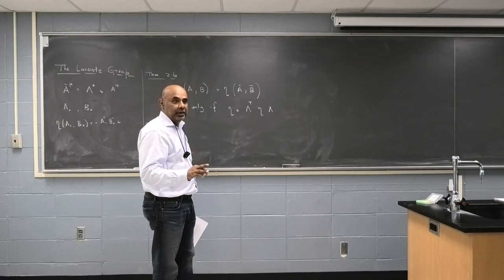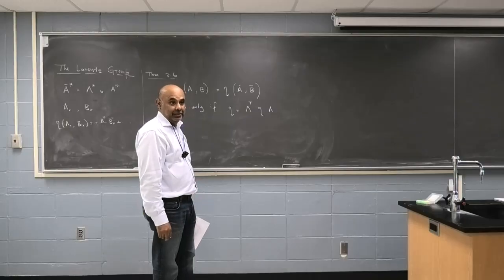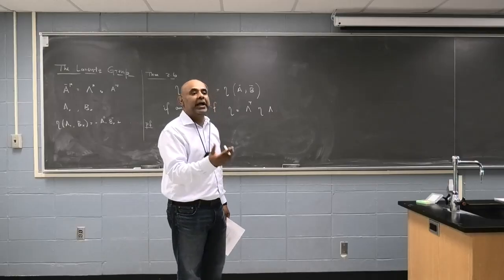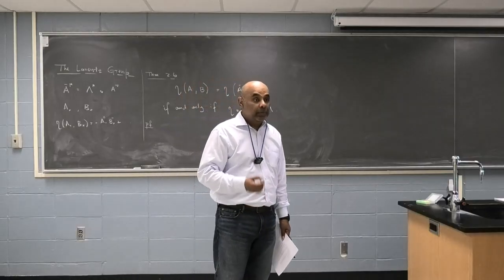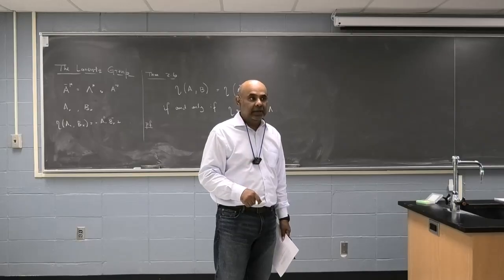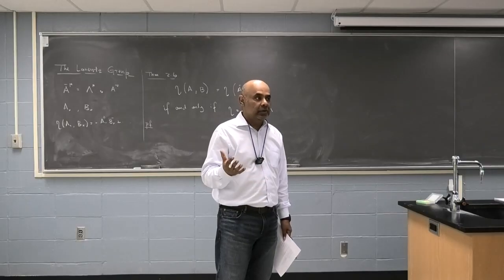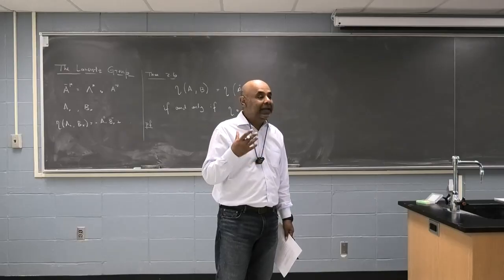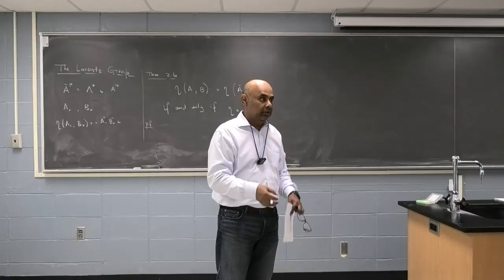We don't know the formula for the inverse of lambda. It's easy to find for rotations and boosts along the x-axis. But more than that, the question is, is there anything else? Is there a new kind? The answer is no. But is there any other kind of thing that we haven't named that could be hiding in here?